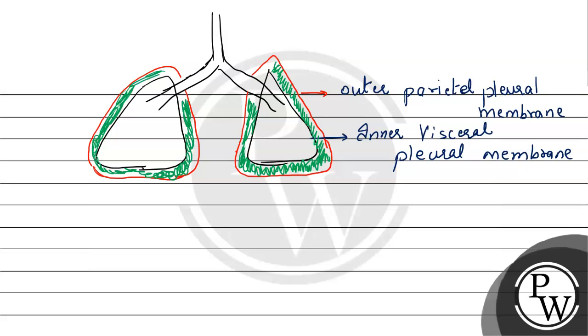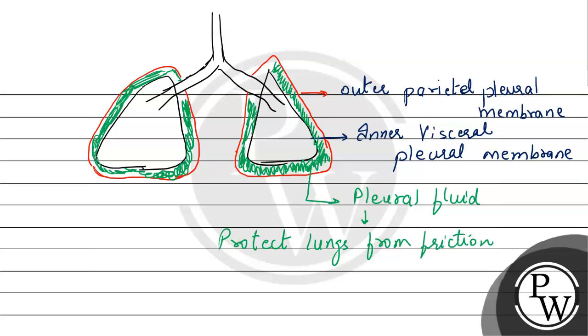So this fluid is known as pleural fluid, which provides protection to the lungs from any kind of friction produced during either inhalation or exhalation.